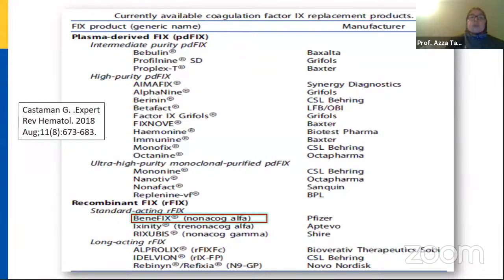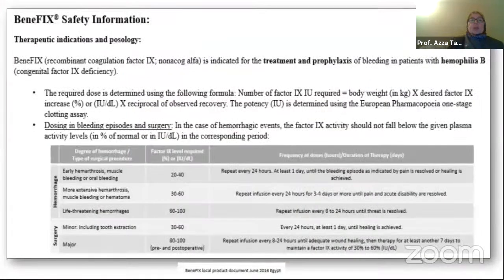In Egypt, the factor IX product, this is the list of the factor IX products which are present worldwide, plasma-derived or recombinant, standard acting or long-acting. In Egypt, the available is the Benefix, which is the Nonacog alpha. And this is the pamphlet of the Nonacog alpha, specially stressing on the safety of the drug.